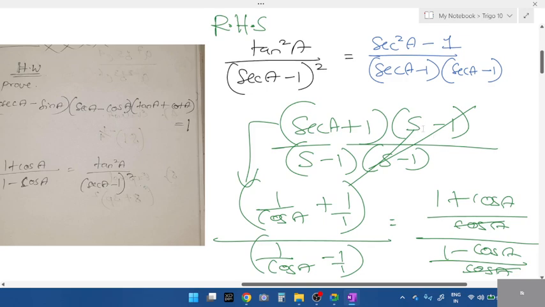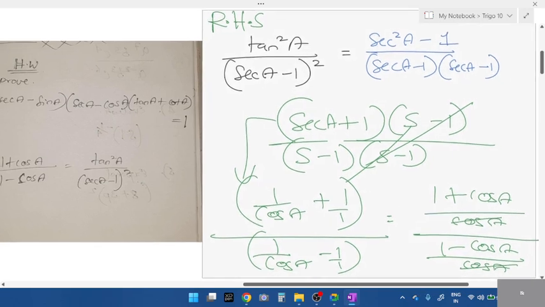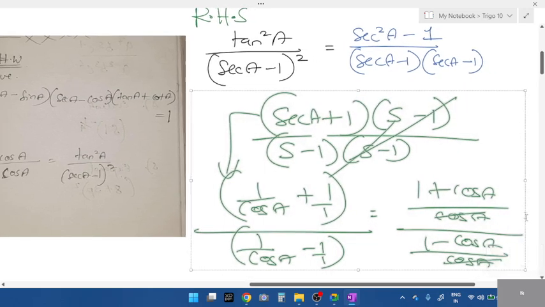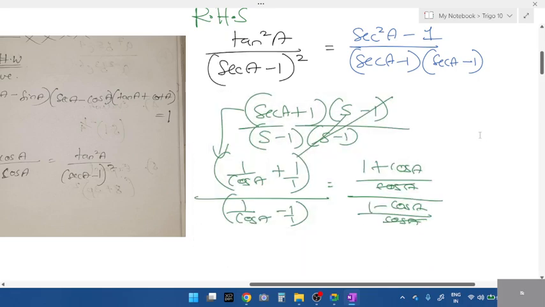Write it completely, students. Write sec, cos. Bhargavi, instead of copying, you can try it, right? That is equal to 1 plus cos a divided by 1 minus cos a.